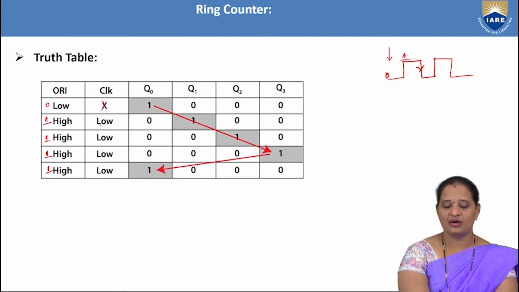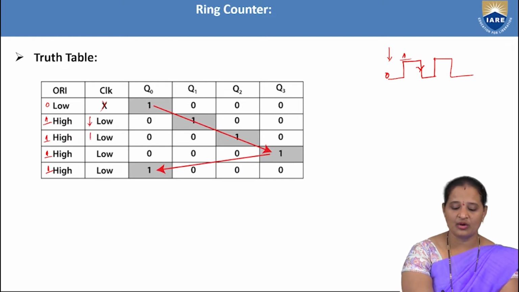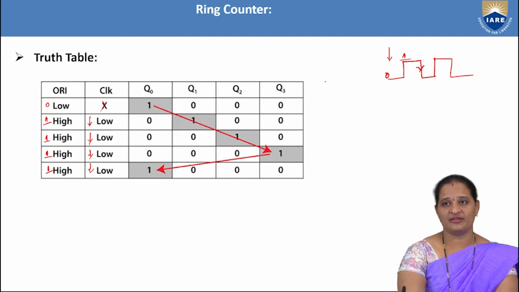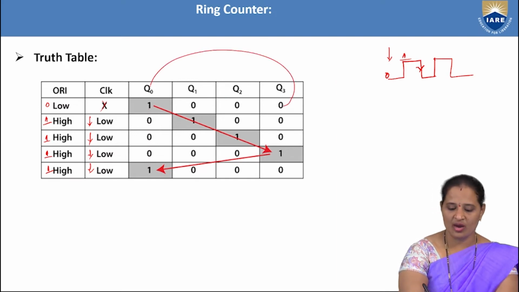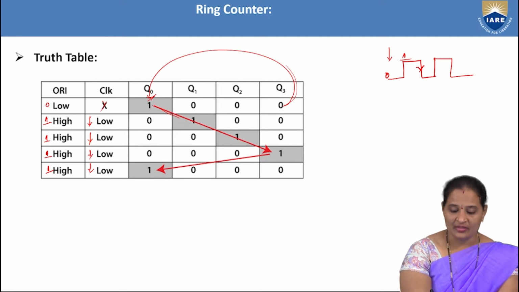So now I am applying the clock signal as low. That means we have a transition from high to low, that means 1 to 0. Now what happens? As we are providing a feedback from output to the input, the output of the last flip-flop, this 0, is pushed here, and this one will be pushed to the next flip-flop.